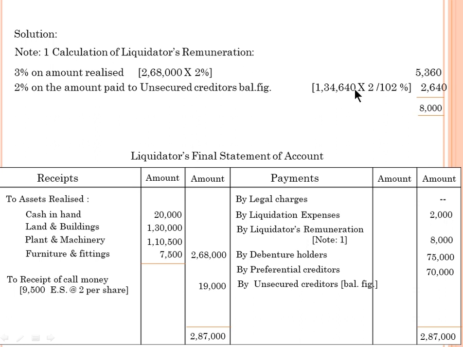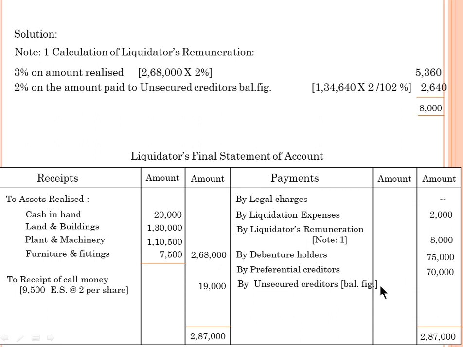So 1,34,640 into 2 by 102, and the amount is 2,640. Now find the total: assets realized 5,360 and unsecured creditors 2,640, so total liquidator remuneration is 8,000. That 8,000 we transfer to the liquidator's final statement.